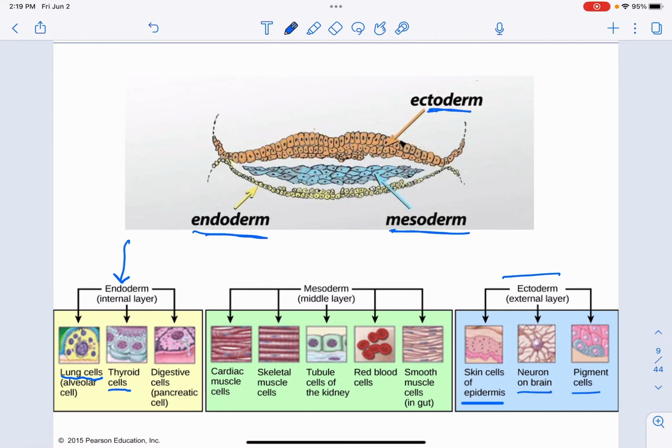And then everything else is derived from the mesoderm. So we have cardiac muscle, skeletal muscle, parts of our kidney, red blood cells, and smooth muscle cells. So again, you can trace back where everything that is made up in our body, all of these things can be traced back to these very, very early cells, okay?